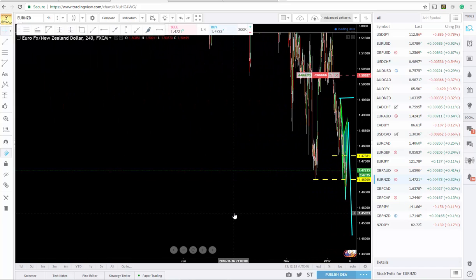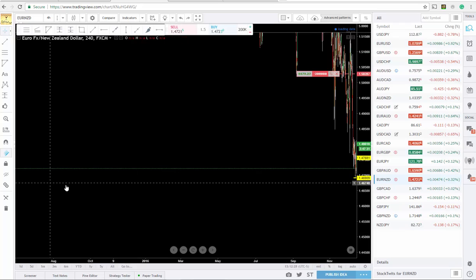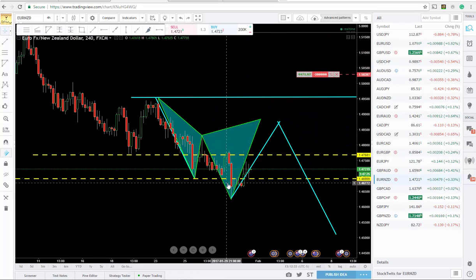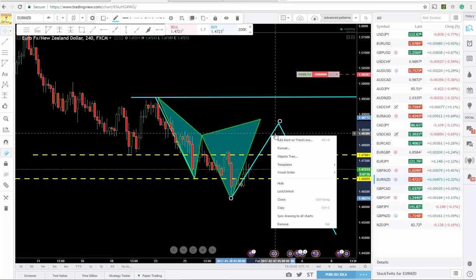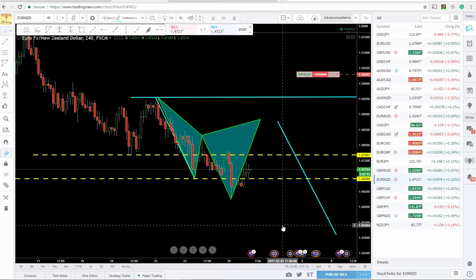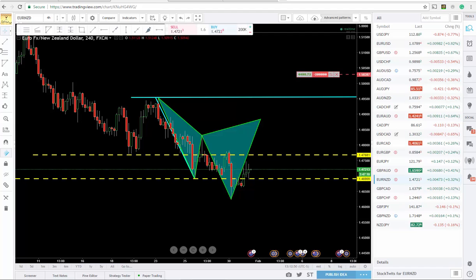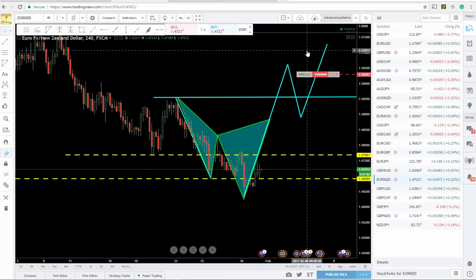And if we zoom the chart out, you can see that there's really no structure looking left here on this 4-hour chart to stop the market from falling. So that gives me a little bit of extra confidence in this trade. Again, trading is not 100%. No matter how many factors are coming together for a specific trade, you will not have 100% accuracy. This trade could very well come up and blow right through my stop loss and start a new uptrend.